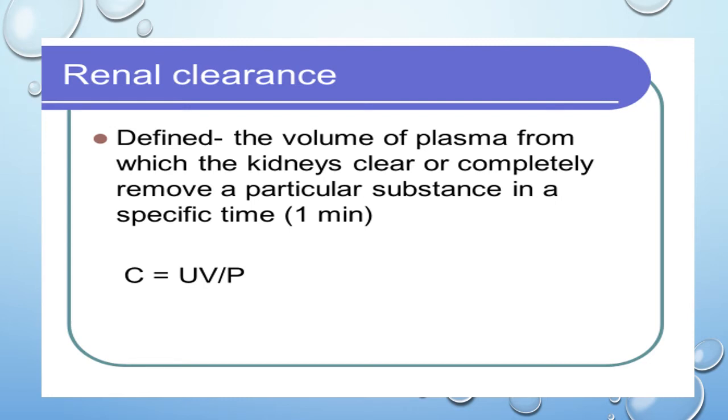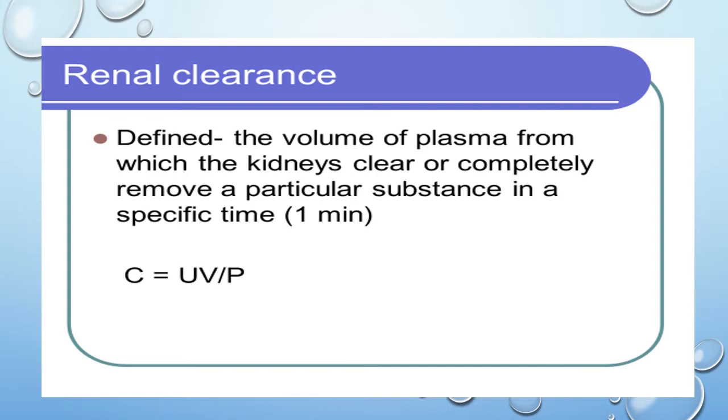And there's the formula for it. So C is going to represent renal clearance. Renal clearance equals U, the concentration of a particular substance in the urine.